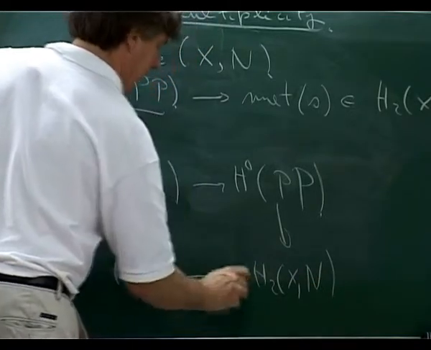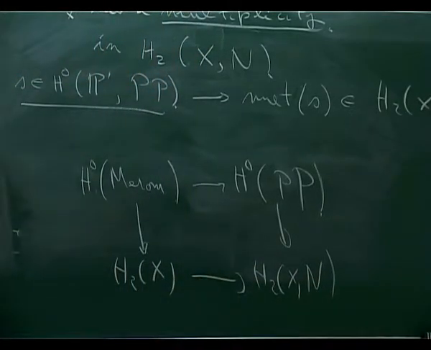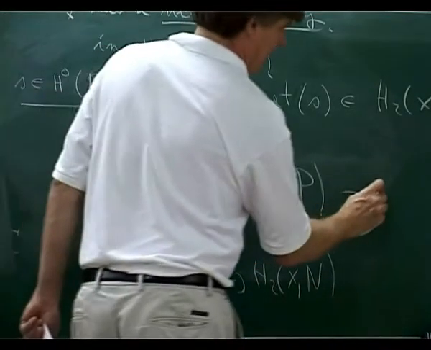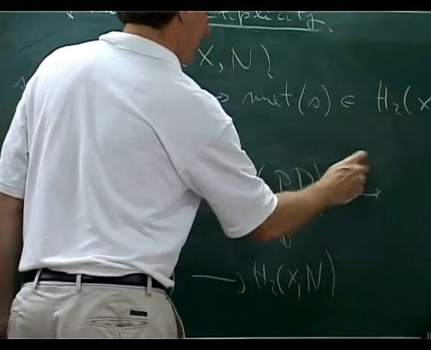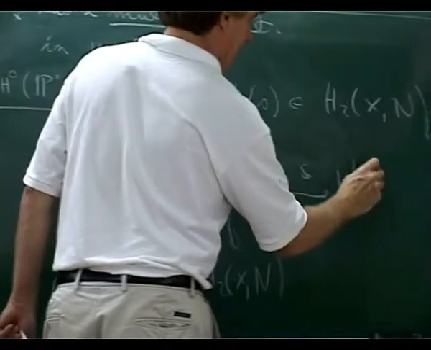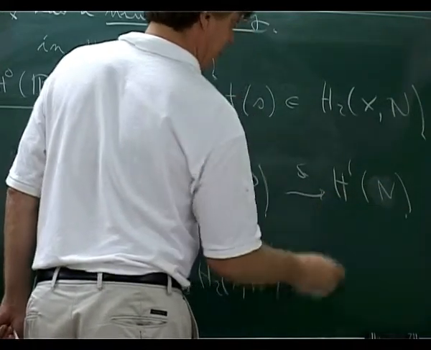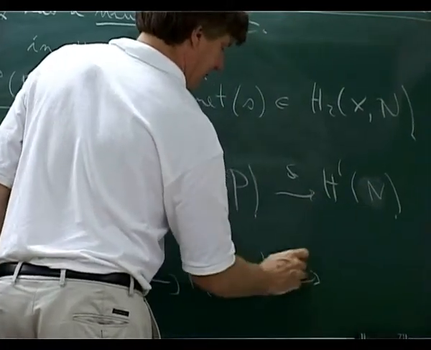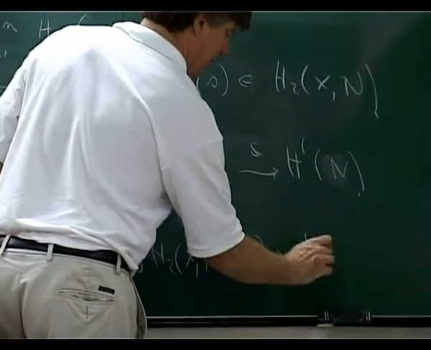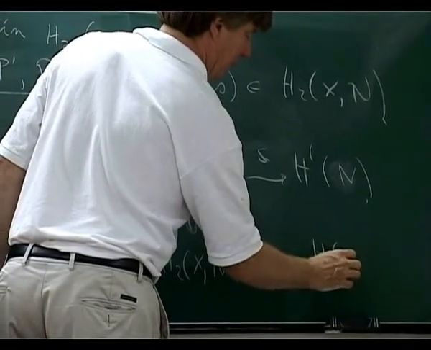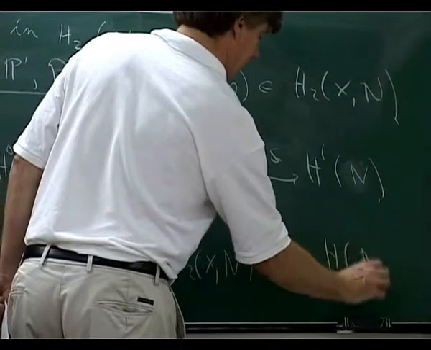It's in H2 of Xn. So the relative homology. And this, remember, there was a coboundary here, and it's going to live in H1 of the group. And here, of course, there's a boundary, and it'll live in H1 of N.